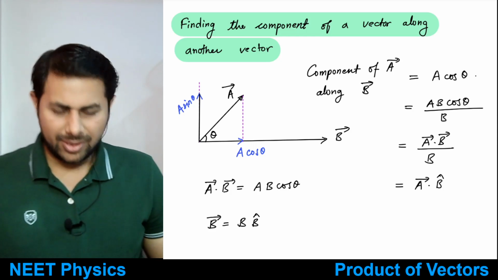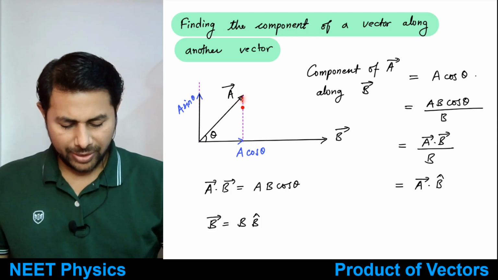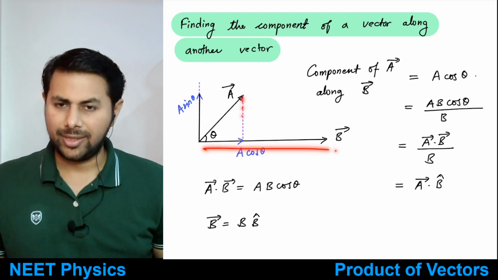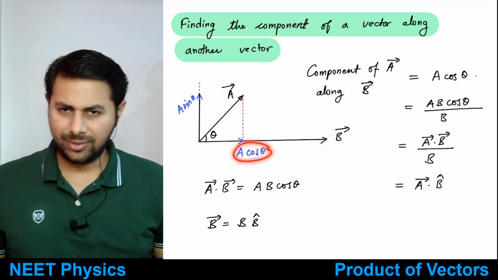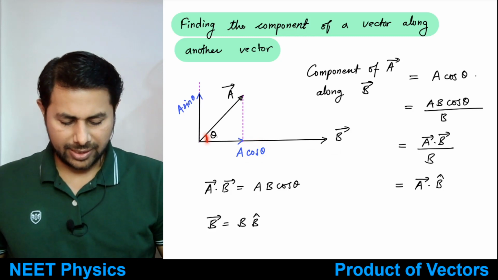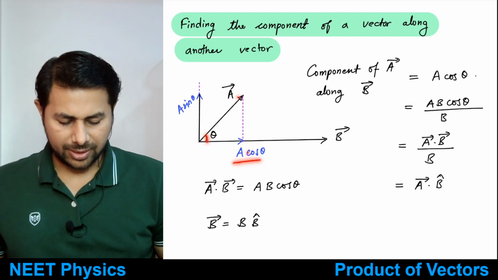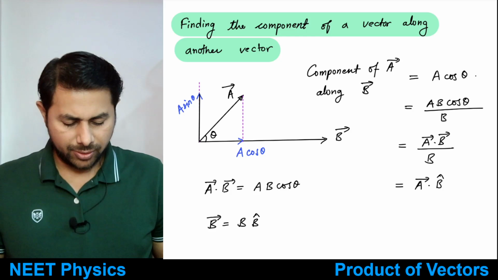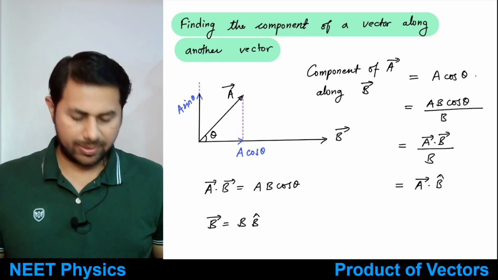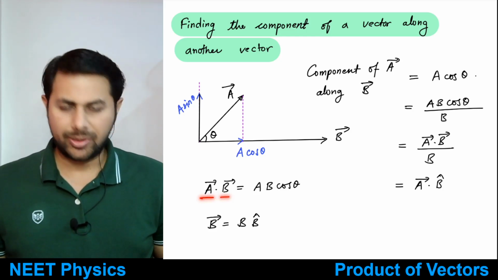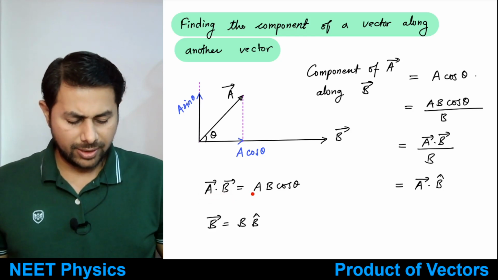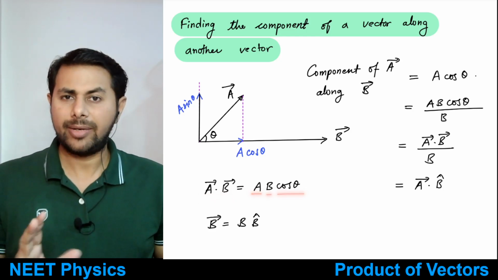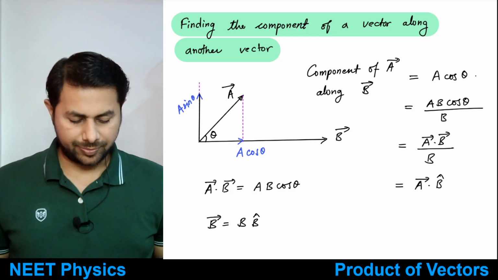Component of a bar along b bar is a cos theta, where theta is the angle between a bar and b bar. If I take the dot product of a bar and b bar, it is a multiplied by b multiplied by cos theta. I know that.